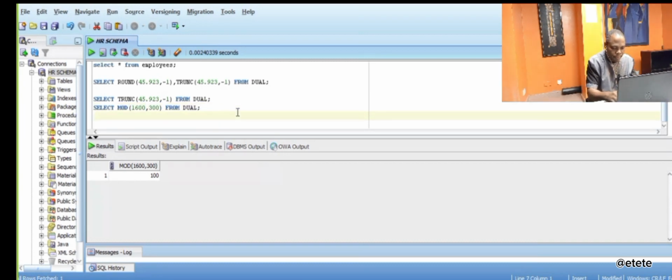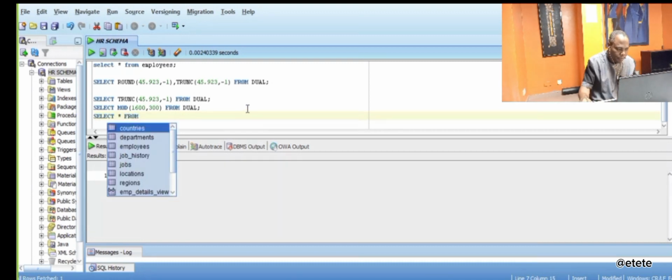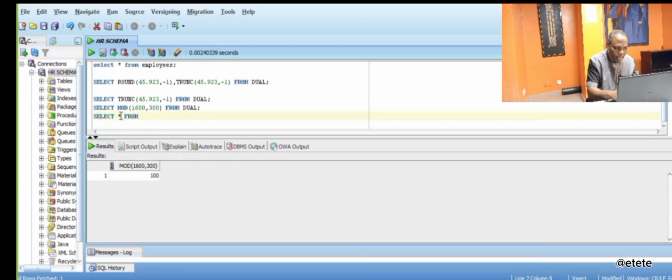So I can say select first_name, salary. I will call the mod function, and then I will supply salary column to it.